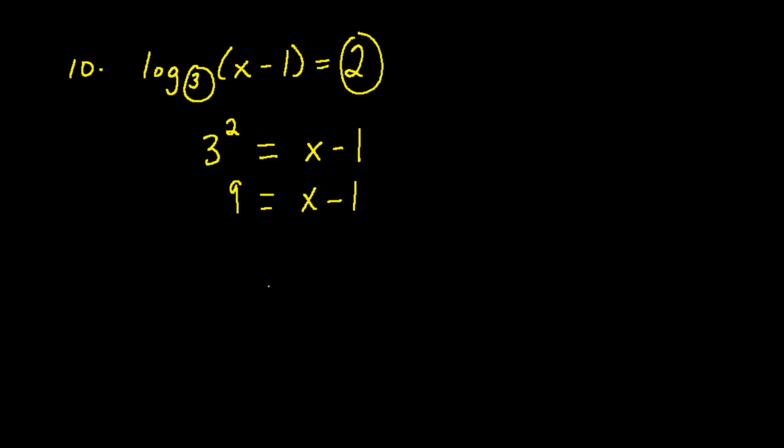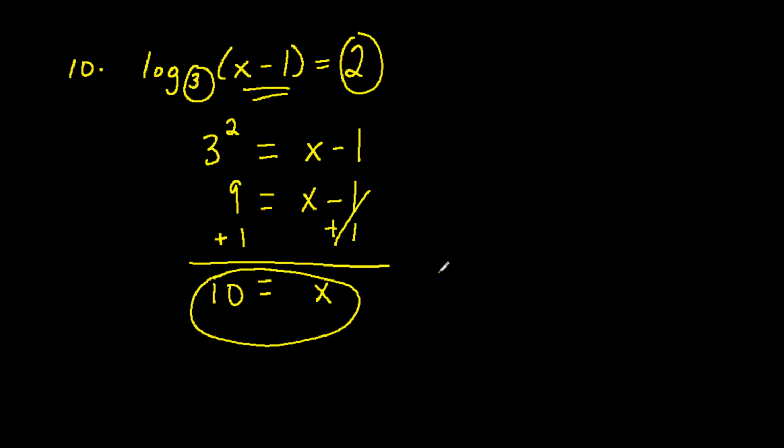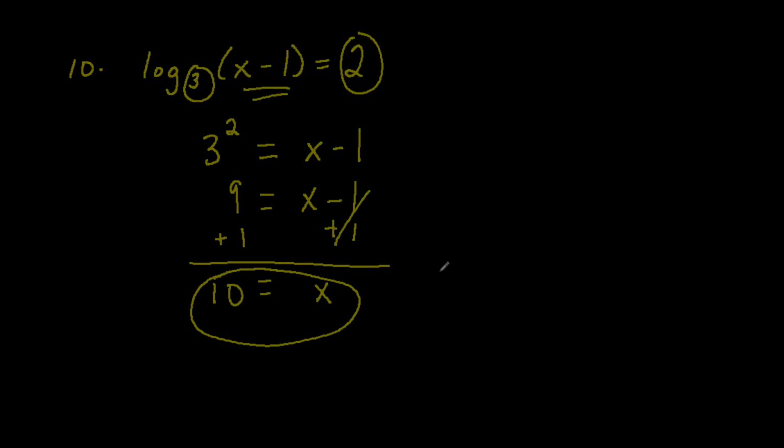That equals x minus 1. We can add 1 to both sides of the equation and get an answer of 10. We always want to make sure that the answer that we get does not cause a negative in the argument, but 10 minus 1 is positive 9, so this works out. The answer is x equals 10.